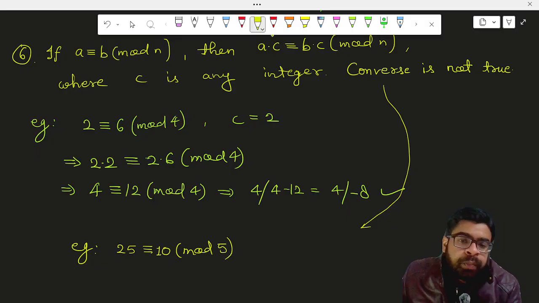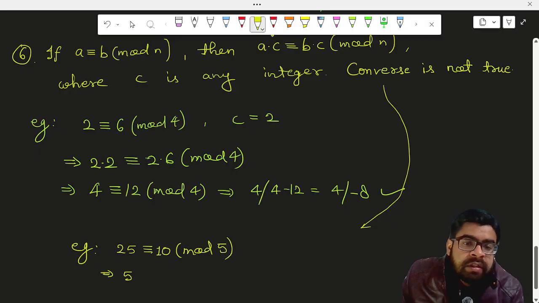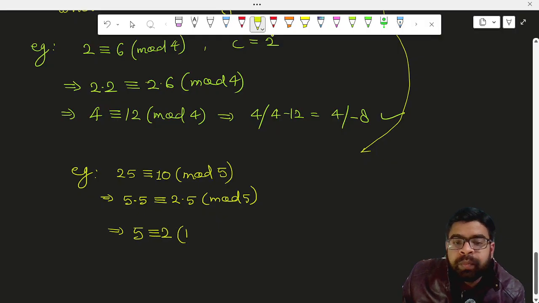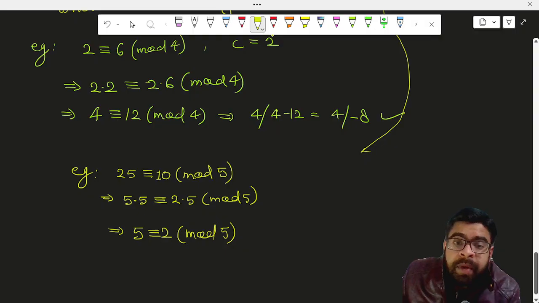So we can write this as 5 into 5, which is congruent to 2 into 5 modulo 5. So if I write here 5 congruent to 2 modulo 5, actually what I did is I took the converse.